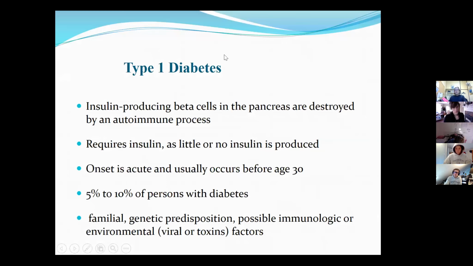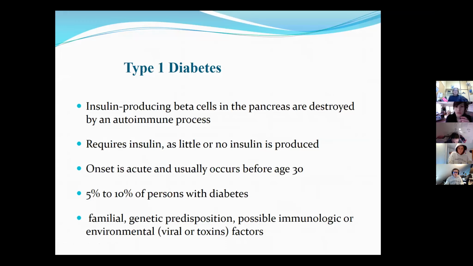All right, so a little more on type 1 diabetes. We know that the beta cells are destroyed by an autoimmune process. It's not entirely clear why this autoimmune disorder develops.